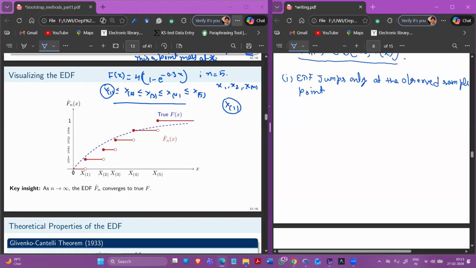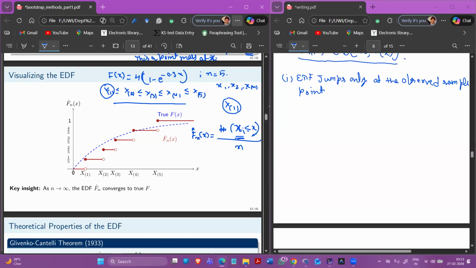It means our CDF, F_n hat of x, which we defined as the count of X_i less than or equal to x, divided by n. When my X_i, the sample that I generate, is less than or equal to x, only then will my CDF move further.